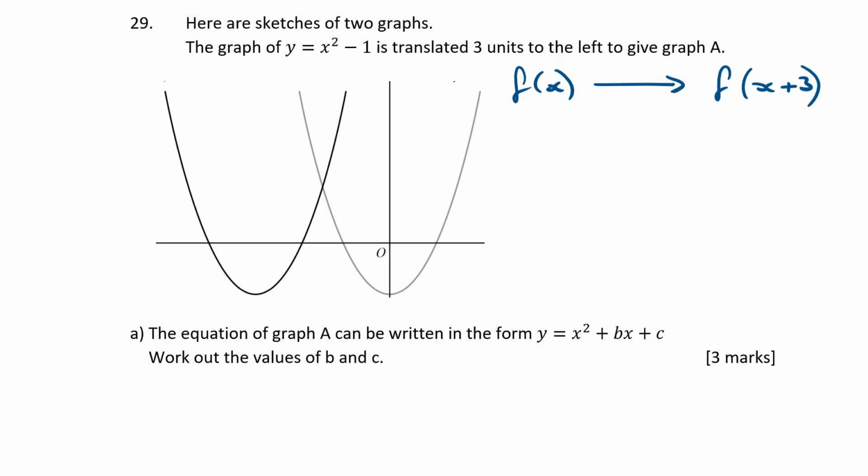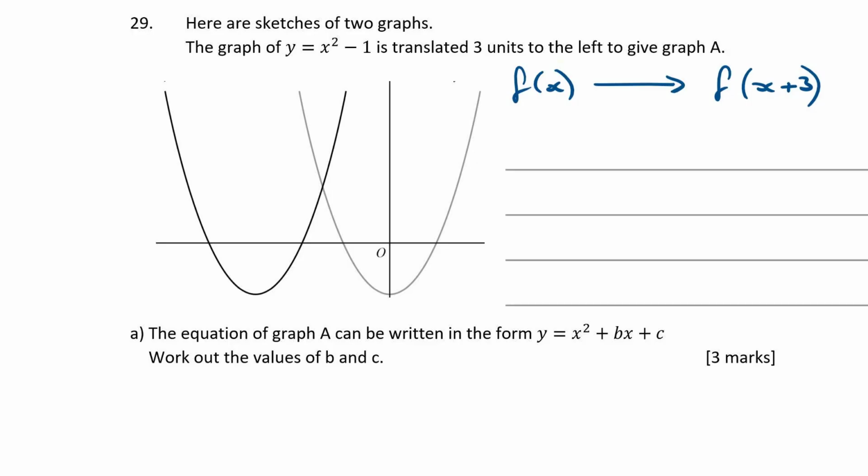So in the equation y equals x squared minus 1, I'm now going to have y equals (x + 3) all squared minus 1. And the rest is the same.